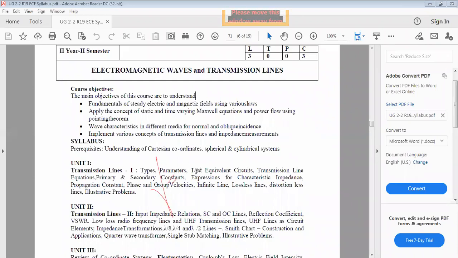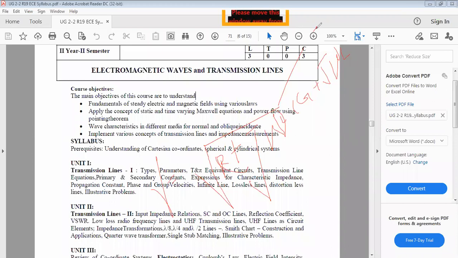Gamma equals the square root of (R plus j omega L) into (G plus j omega C), where R, L, G, C are the primary constants.